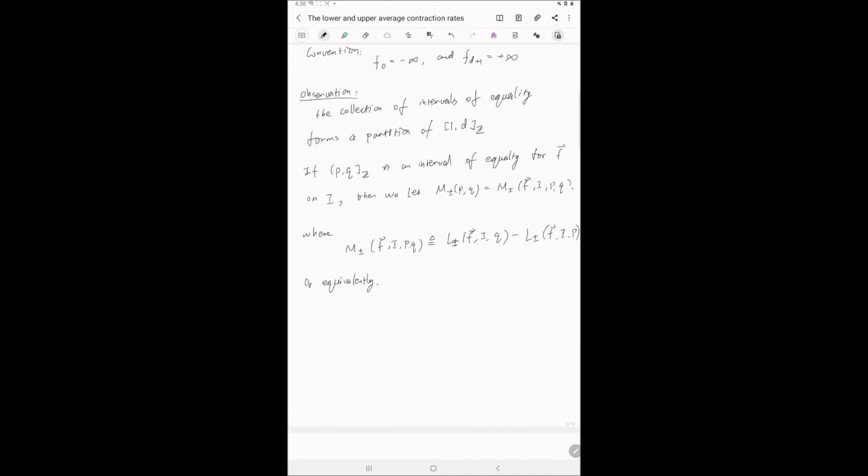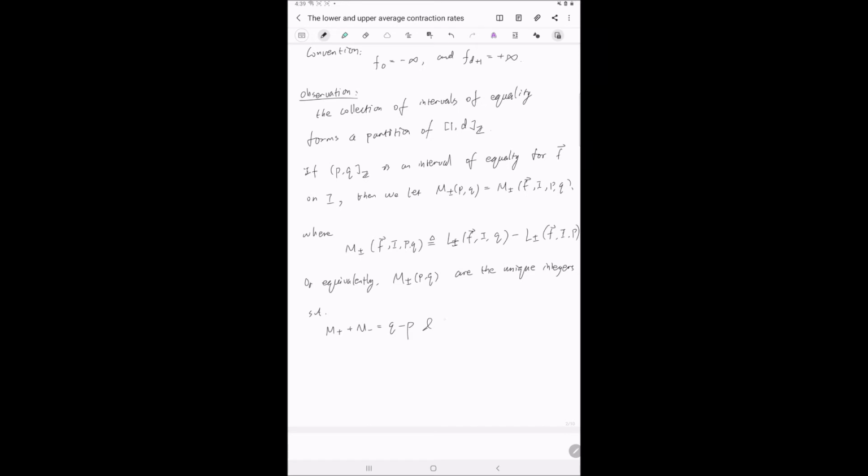Equivalently, we can show that m plus and m minus are the unique integers such that the following system of equations is satisfied. The first one being m plus plus m minus is equal to q minus p.